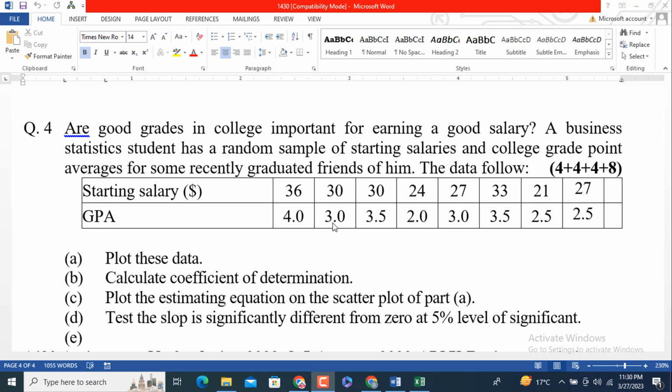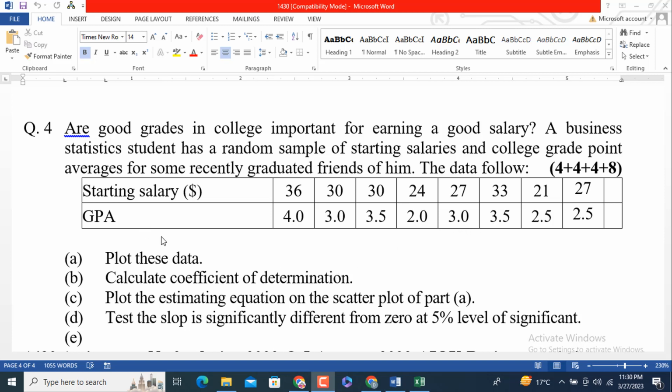For the same GPA 3.0, we have different slabs of salary, starting from 30 to 27. And look at the remaining: 33 with 3.5, and here also 30,000 for 3.5, 2.5 with 20, 2.5 with 27, and 27 also corresponding to the GPA 3.0.